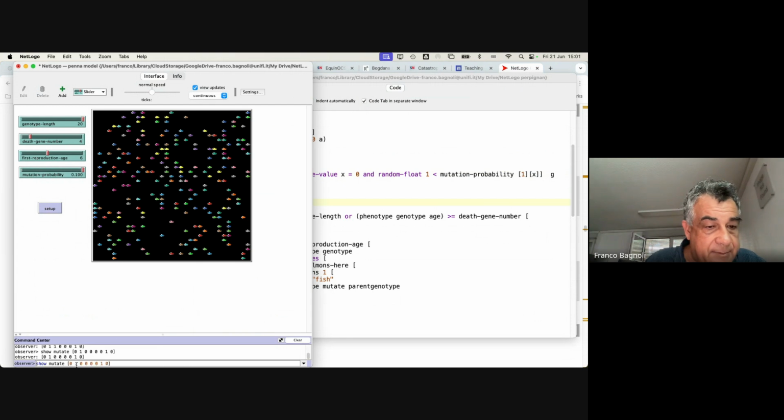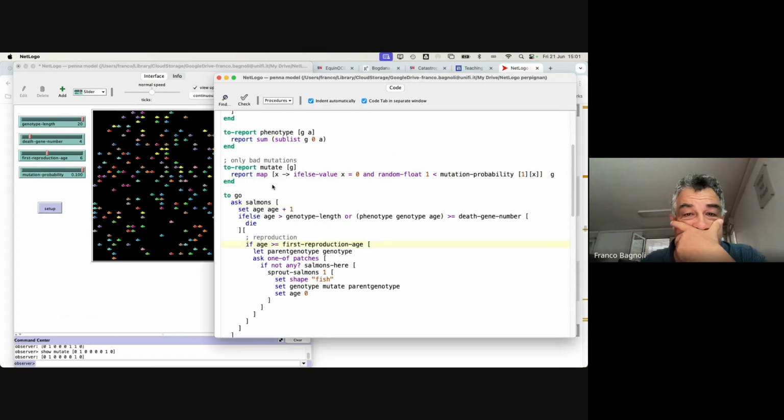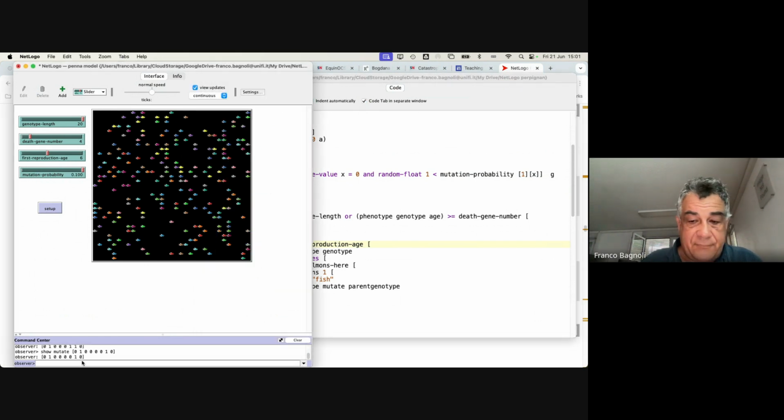sometimes now we have a bad mutation. Then let me see if I have a phenotype of say 1 0 1 1 0 1 0 0, phenotype and age 3, 2, no?